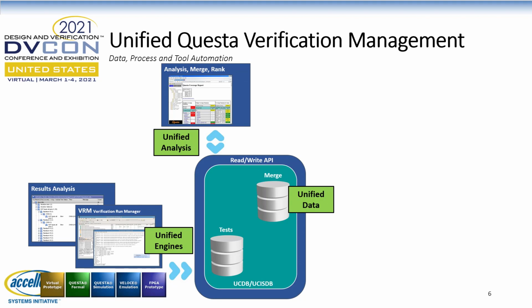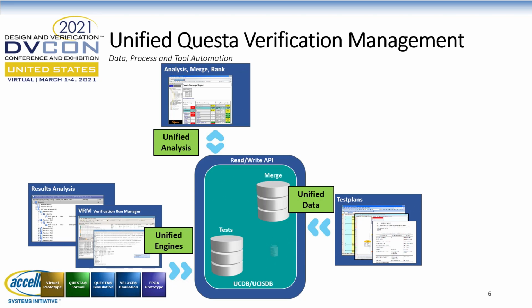And it also lets you eliminate running tests that don't actually contribute to coverage. Remember, a simulation cycle is a non-renewable resource. Once you use it, it's gone, so there's no value in running tests that don't contribute to coverage. And of course, we need to track all of this according to our test plan so that we know that we're running the right tests.